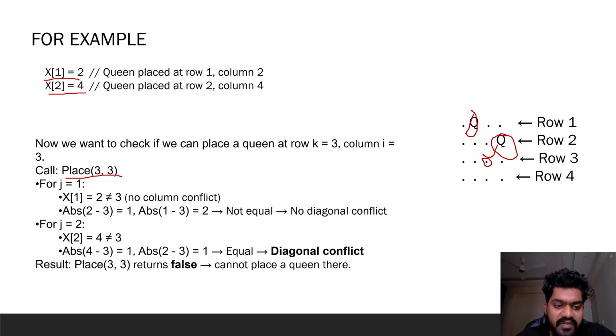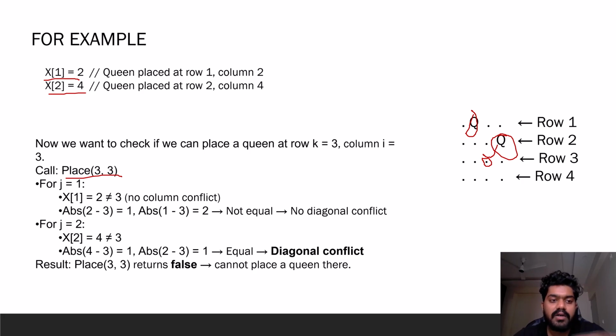So we'll increment the j value and check according to the second queen. x of j column number is 4, that is not equal to the column number of the present. So according to column, it doesn't have any objection, but when it comes to diagonal, as you see, it is in the diagonal itself.